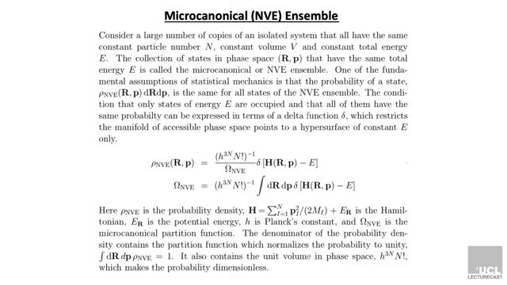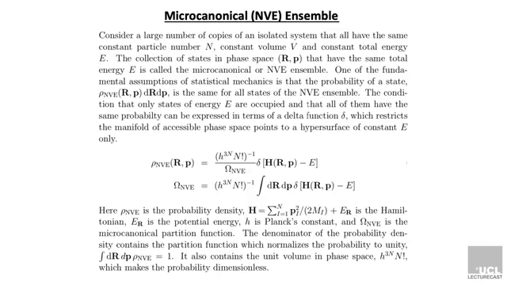And one of the very first fundamental assumptions of statistical mechanics is that the probability to observe one of these states of the NVE ensemble is the same. So it's equally likely to observe any state that is in that ensemble.